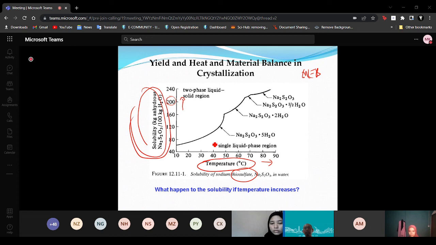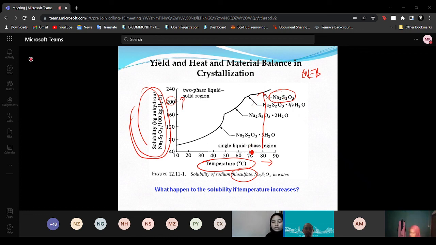At the same time, if you look here, the crystal type also changes. If you operate your crystallizer, let's say at 80 degrees Celsius, you're going to obtain pure sodium thiosulfate.